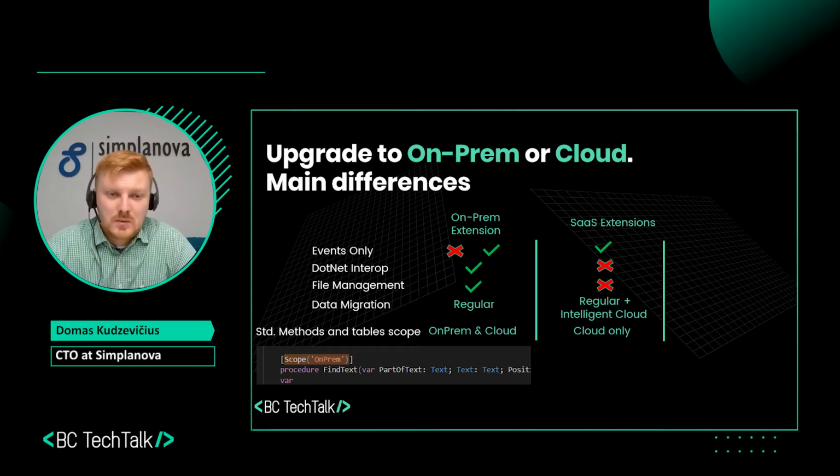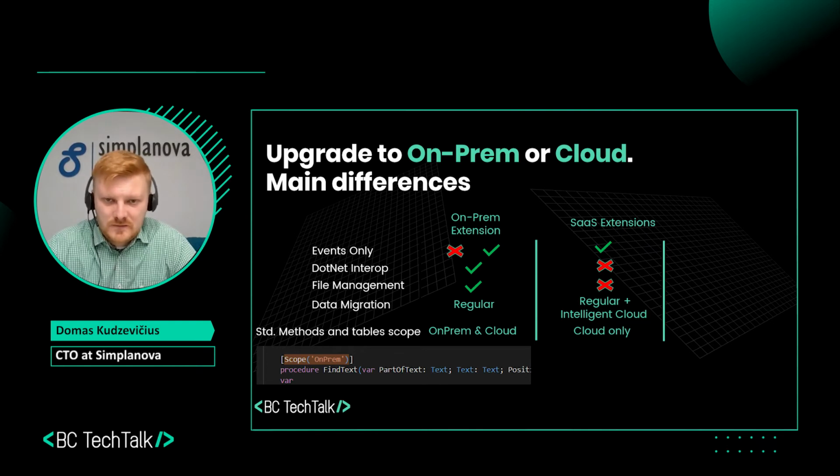Now, when we're talking about the data migration, the steps required to get to the latest Business Central version are exactly the same. So you need to perform a regular data migration. On the on-prem extension, you will need to perform a regular data upgrade, and the same for the SaaS extension.